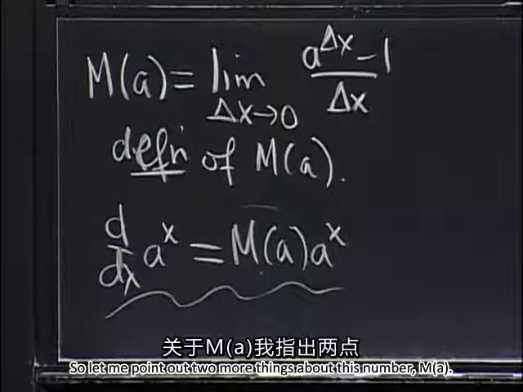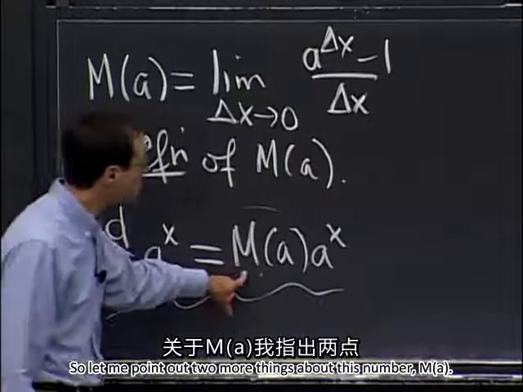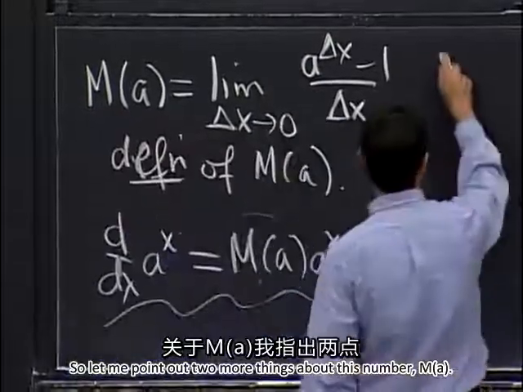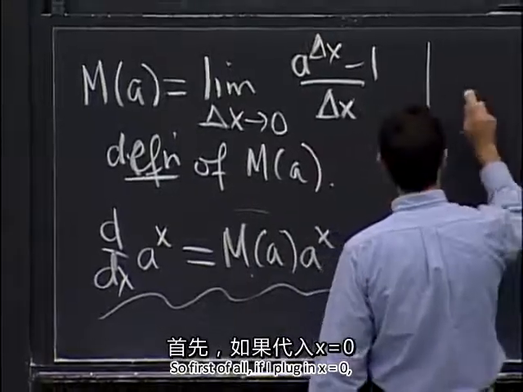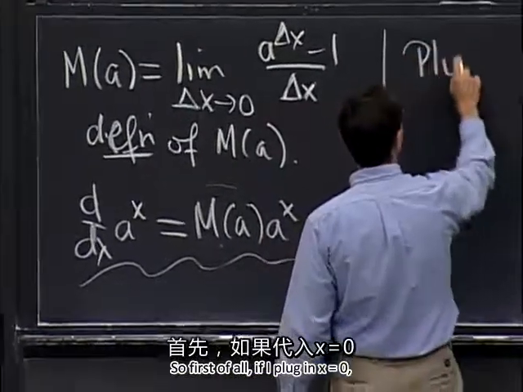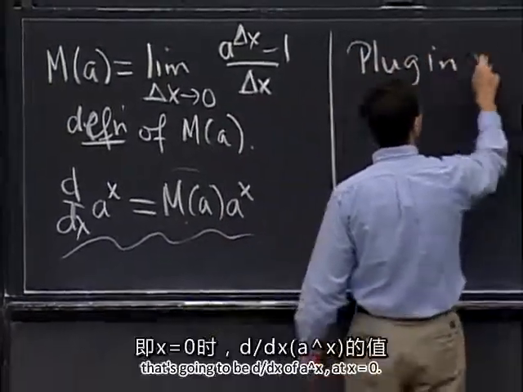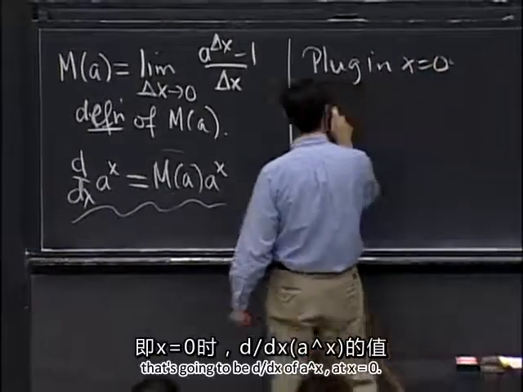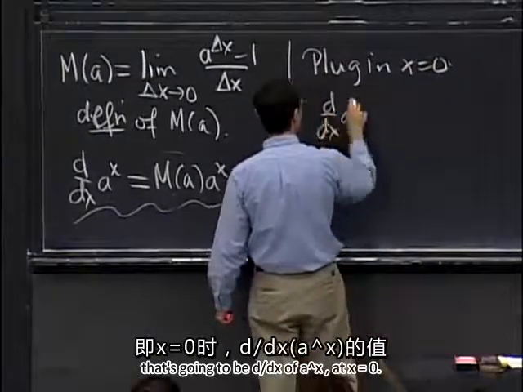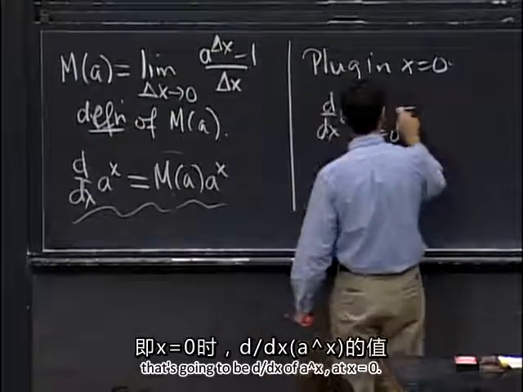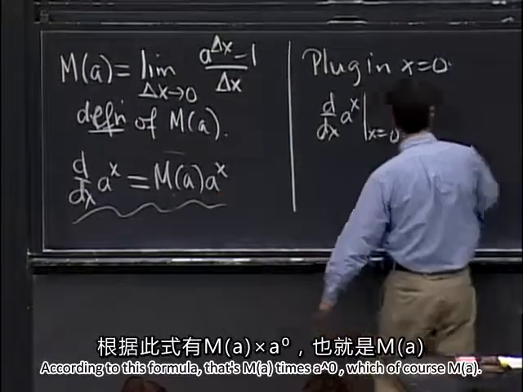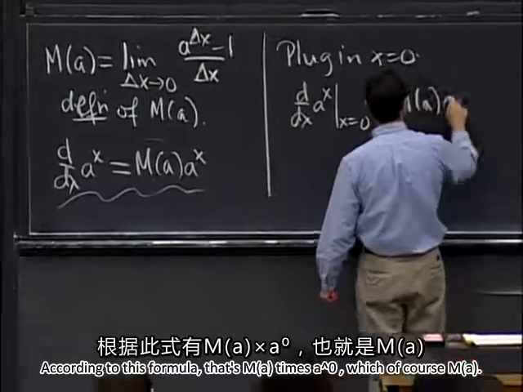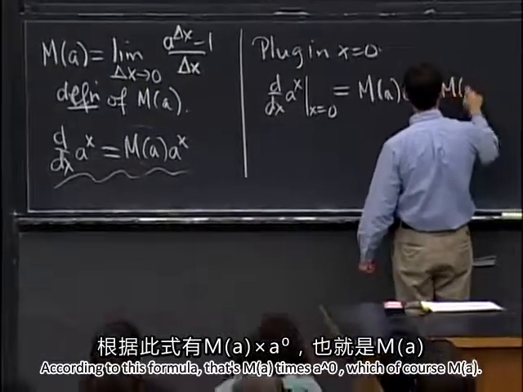So let me point out two more things about this number m of a. So first of all, if I plug in x equals 0, that's going to be d by dx of a to the x at x equals 0. According to this formula, that's m of a times a to the 0, which is, of course, m of a.